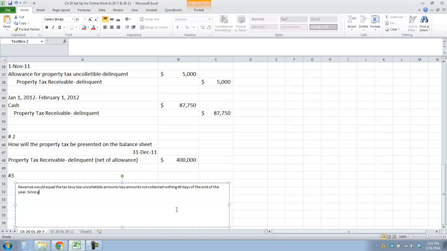Since the government rarely closes its books within 60 days, this amount would be known.